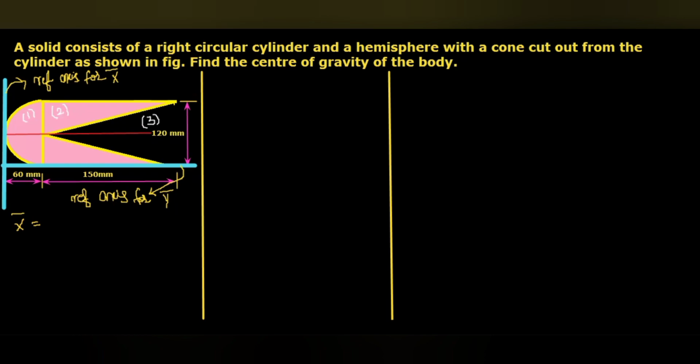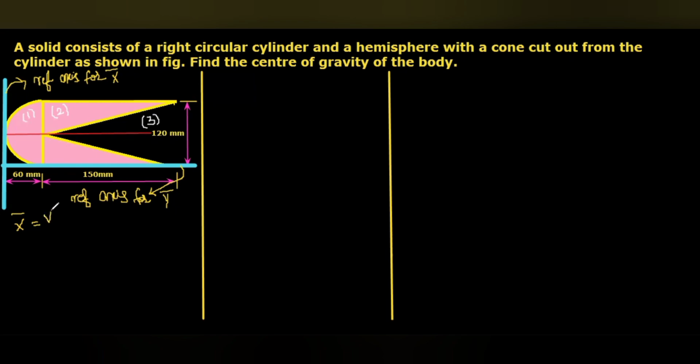So I can write the formula here. The hemisphere, cylinder and cone are all solid bodies, and the densities are the same since no conditions are given. So we are going to consider volume.